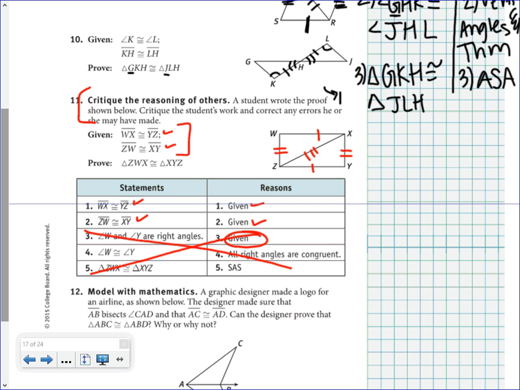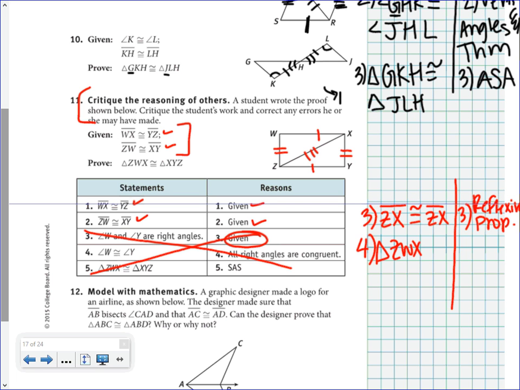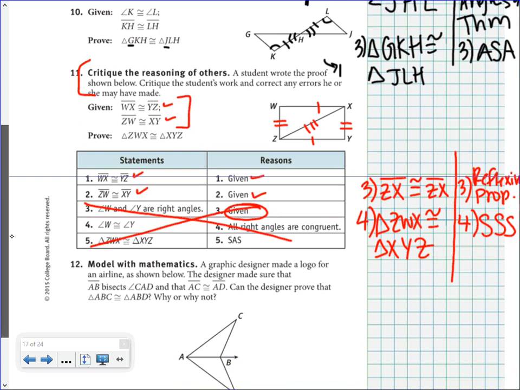And so our step 3 should have been that ZX is congruent to ZX, and the reasoning is the reflexive property. And then our step 4 is that the triangle ZWX is congruent to triangle XYZ. And that reasoning would be by side, side, side. And so that would be how you would want to prove that.